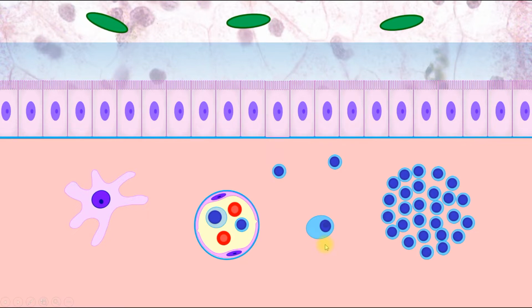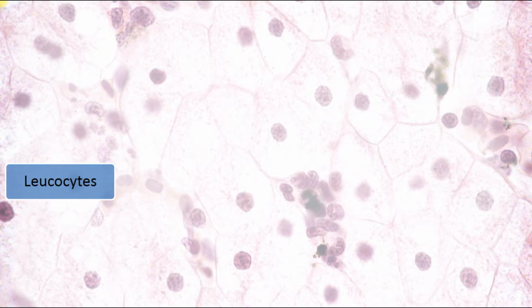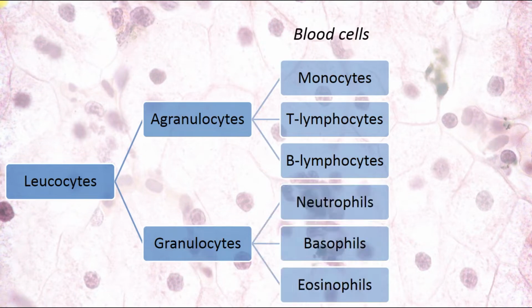So which immune cells do we know? Which immune cells do we have? You know that there are cells of blood which are called leukocytes or white blood cells. We have two types of them, agranulocytes and granulocytes, and there are different kinds of them. There are monocytes, T lymphocytes, B lymphocytes, neutrophils, basophils, and eosinophils.